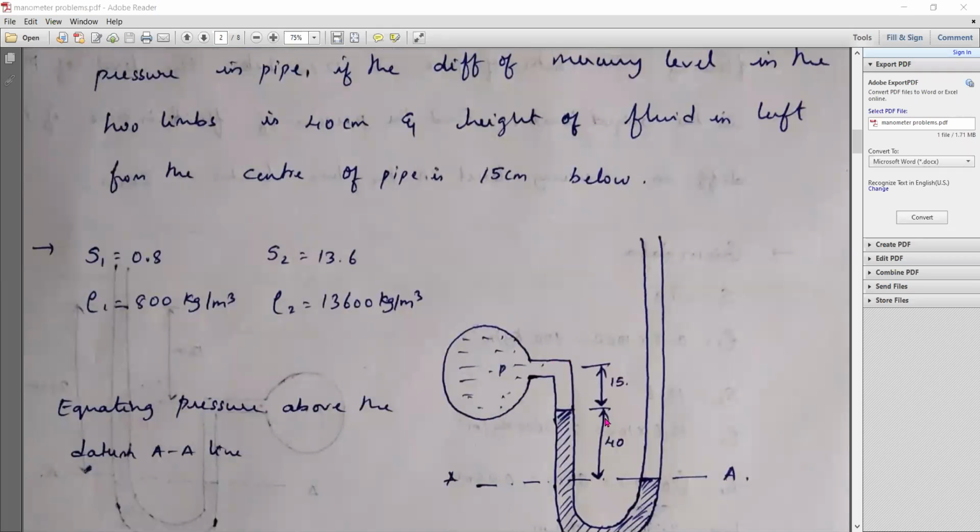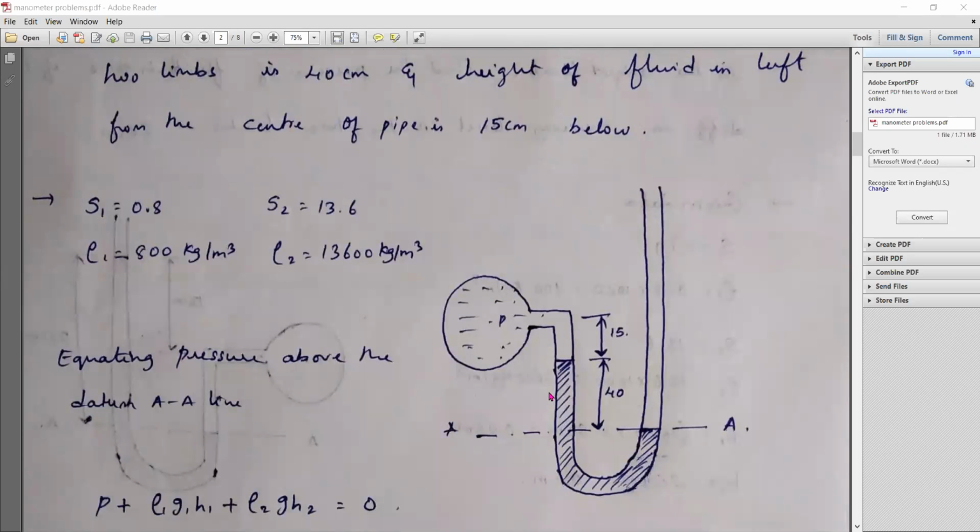Next, this is the difference of the mercury level from here to here. This is the mercury manometric fluid, and this is the fluid flowing in the pipe. Please draw the diagram.